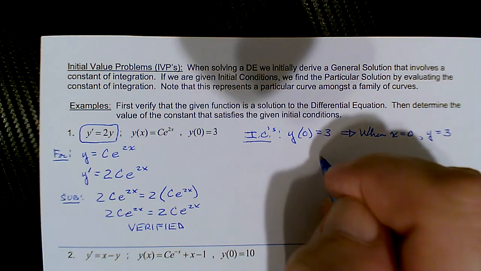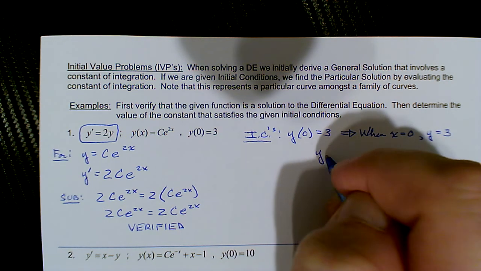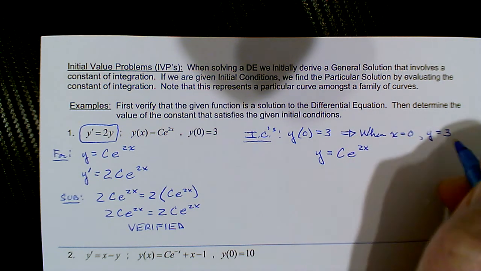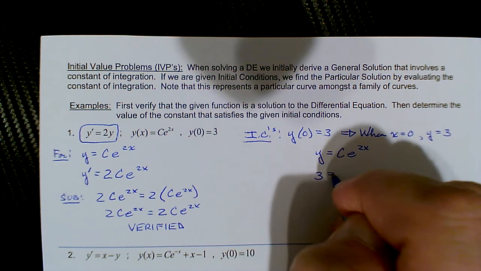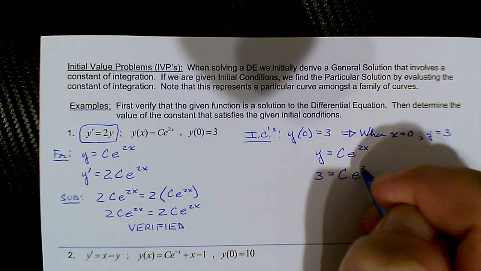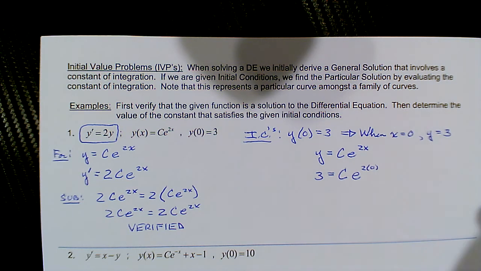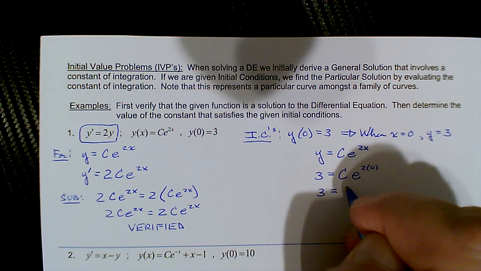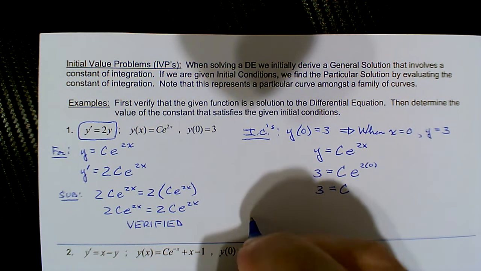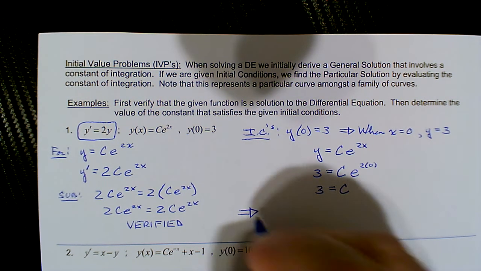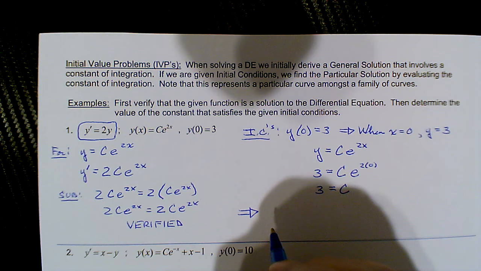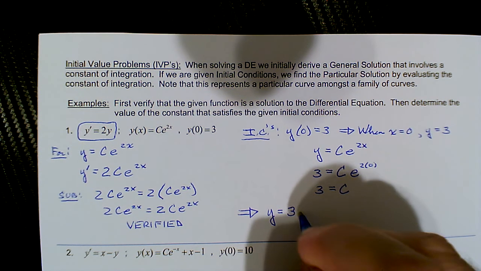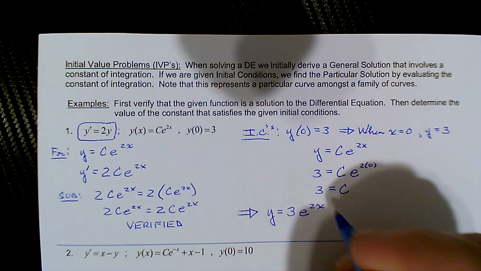So in our solution, y equaling c e to the 2x, we replace y by 3, and we replace x by 0. And that would give us e to the 0, which of course is 1, so therefore c is 3. So then our particular solution is y equaling 3 e to the 2x.